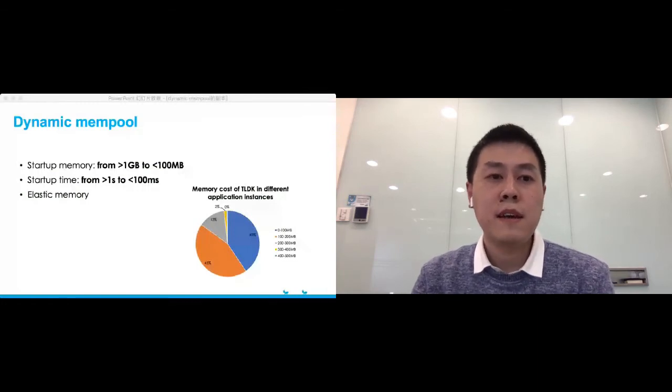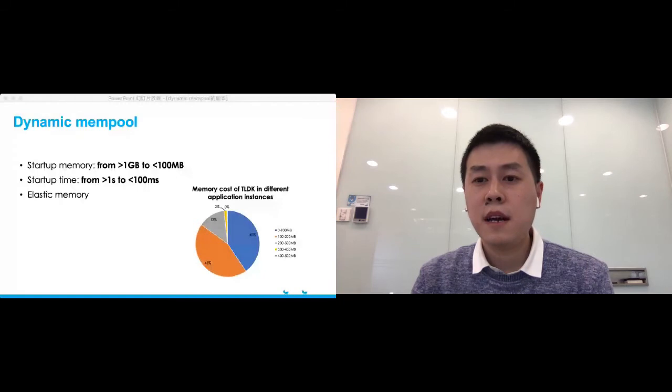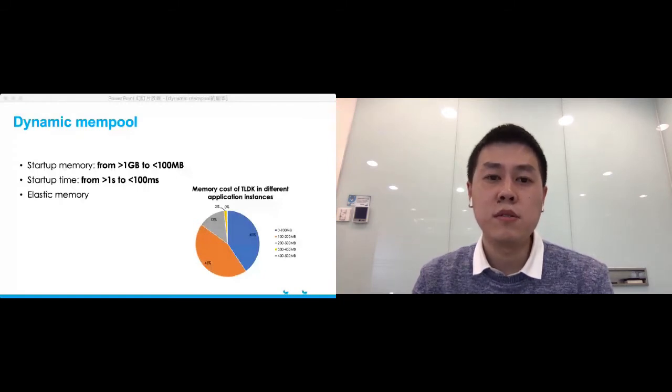By using dynamic mempool, we have reduced the startup footprint on time and memory significantly. Startup memory of DPDK v2 decreased to less than 100 megabytes from more than 1 gigabyte, and the startup time also decreased to 10% of the former.